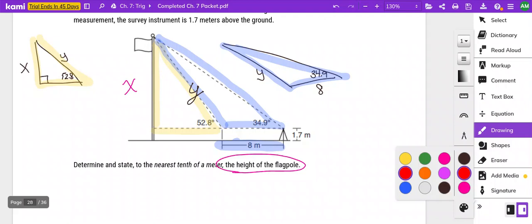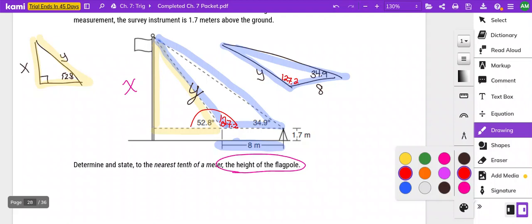So now, to use law of sines, we're first going to find all the angles that we can, especially in the blue triangle. The blue triangle is the one that we're most worried about. First of all, we have a linear pair, so I'm going to do 180 minus 52.8 to get 127.2. So this angle here is 127.2.